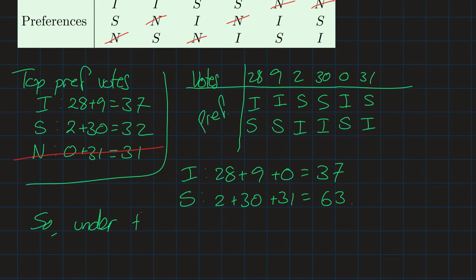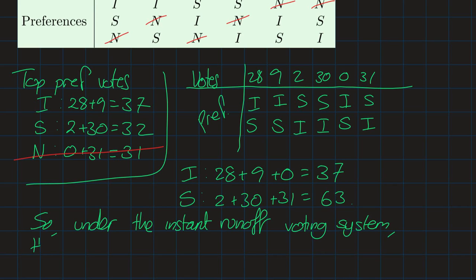Under the instant runoff voting system, the social ranking is S comes first, then I, then N.